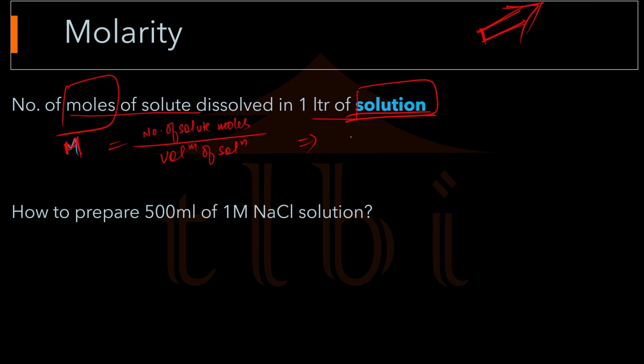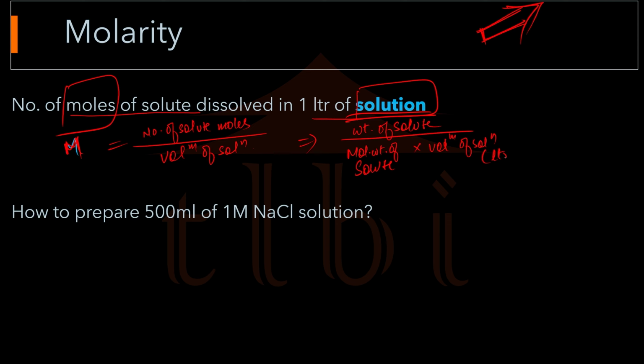Okay. So if you are not given how many moles of solute are being weighed or are in the question, you can always calculate from weight of the solute divided by molecular weight of solute, multiplied by volume of solution.